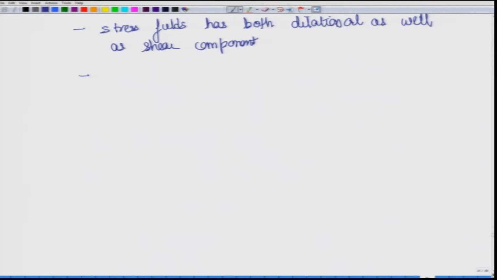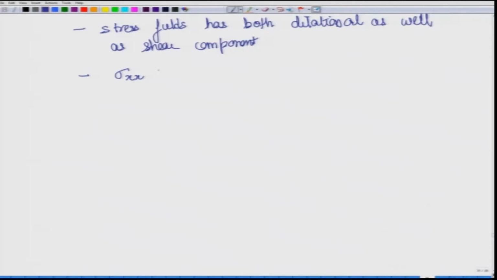Another important thing is that although we have drawn the field, we have not looked at the exact magnitude. But when you go to the exact magnitude and look at the relation, you would realize that sigma xx is the largest of all stresses.